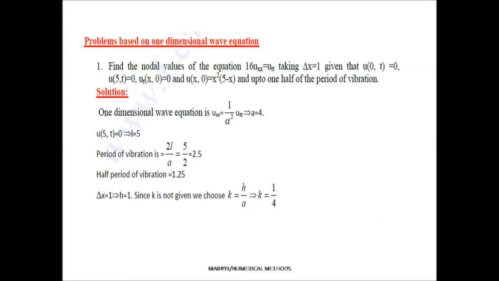Now they have asked you to find the nodal values, that is, the interior values of the equation. So they have given you the boundary points and the initial condition.